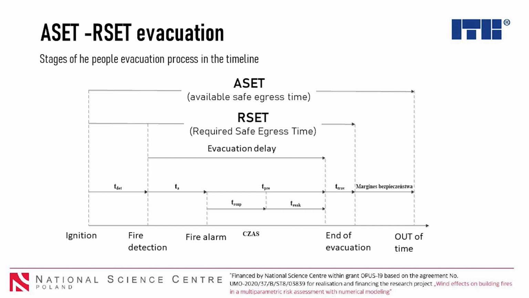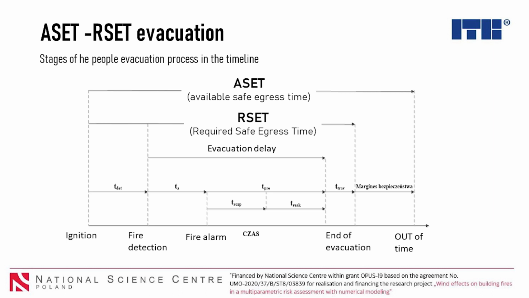The temperature of the hot gases layer shouldn't be higher than 200 Celsius degrees, and the temperature at a height of 1.8 meters shouldn't be higher than 60 Celsius degrees. The density of smoke shouldn't be bigger than 0.1 grams per cubic meter, which is visibility of around 10 meters, and the radiation shouldn't be bigger than 2.5 kilowatts per square meter in the direction to the floor. This kind of radiation is safe for people during the evacuation time.